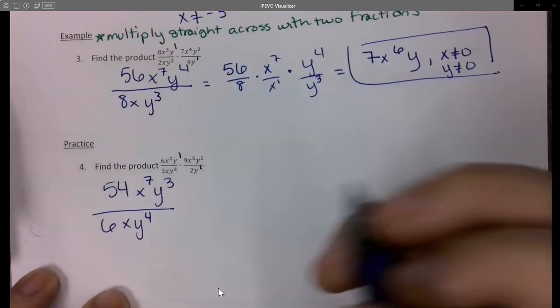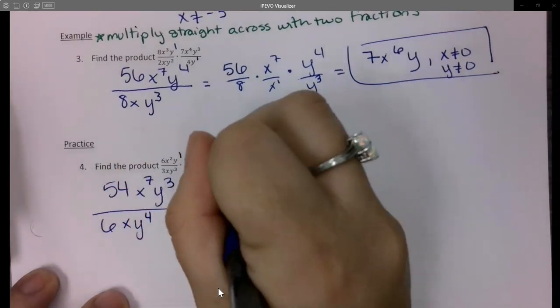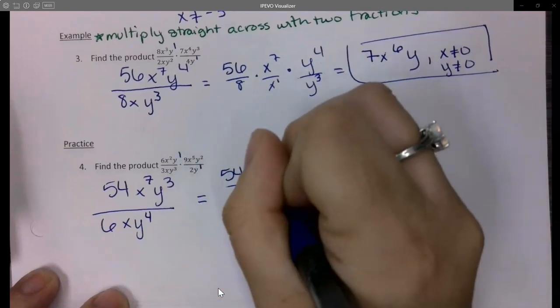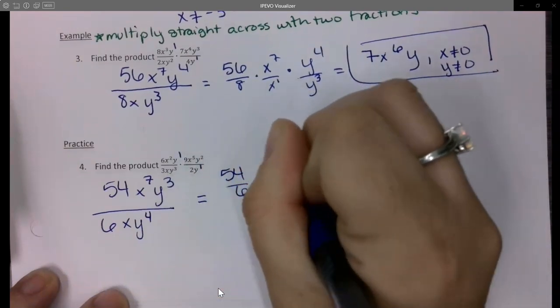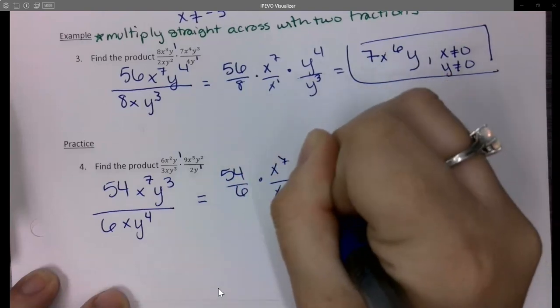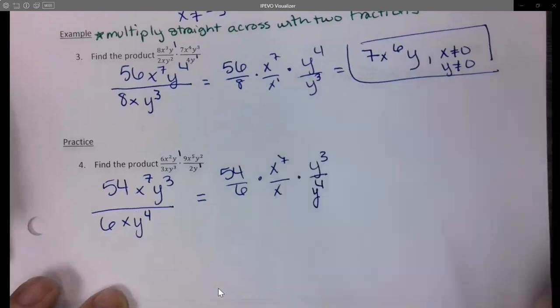Then I'm going to split these up into fractions for each of the different parts. So I'm going to have 54 divided by 6, plus x to the 7th over x, and y cubed over y to the 4th.